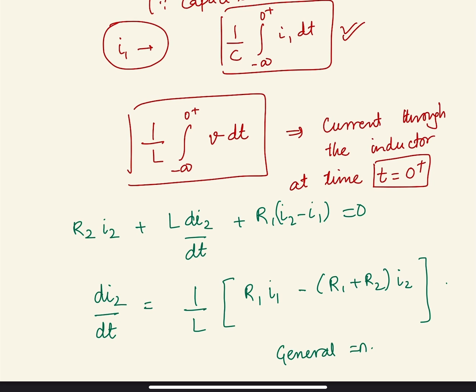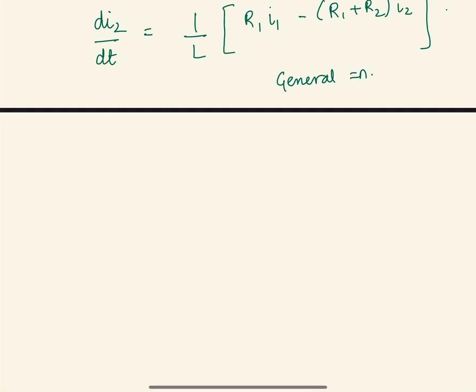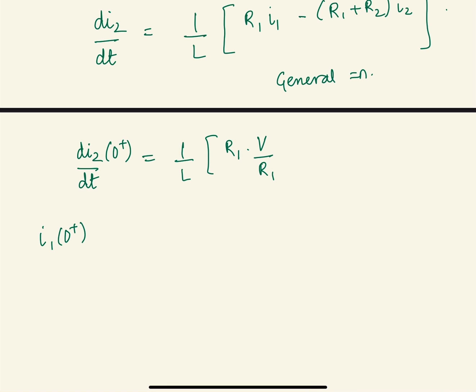This is again the general equation. Now, if this is the general equation, what can we say about this term di2 by dt at time t equal to 0 plus? Isn't this equation like this? R1 times, and what is I1? I1 will be replaced by V divided by R1. Why? Because I1 at 0 plus we had derived earlier, that was equal to V by R1, correct?